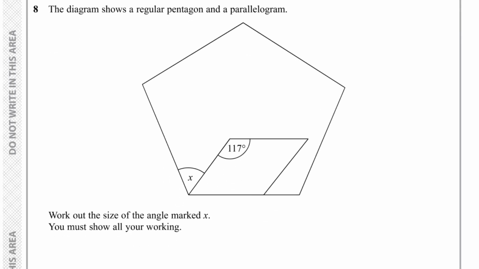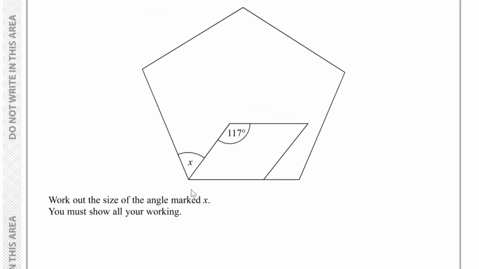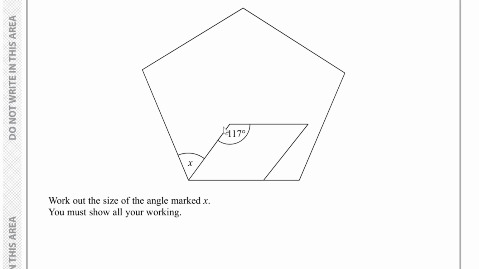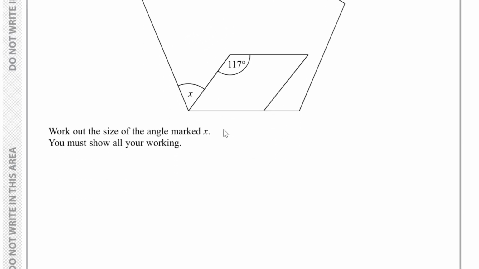Now for question 8, the diagram shows a regular pentagon and a parallelogram, and we have to work out the size of the angle marked X. You must show all your working. Well, because we have a regular pentagon, it would make sense for us to work out the interior angle. So the interior angle is equal to the number of sides, that's 5, minus 2 times by 180, and then we divide this entire thing by 5.